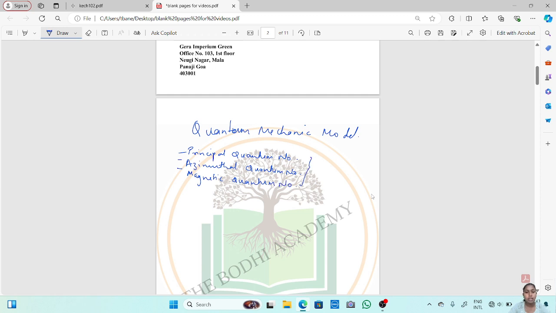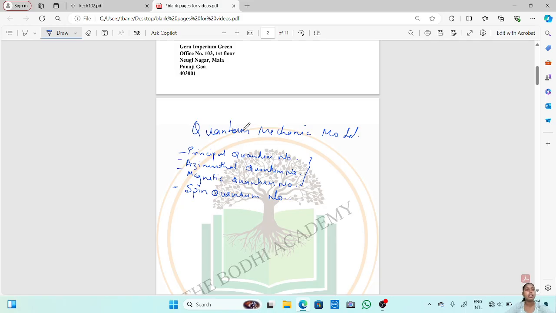Since these three cannot explain certain points, one more quantum number was added, that is the spin quantum number, right? The quantum mechanical model structures things on the basis of these quantum numbers.